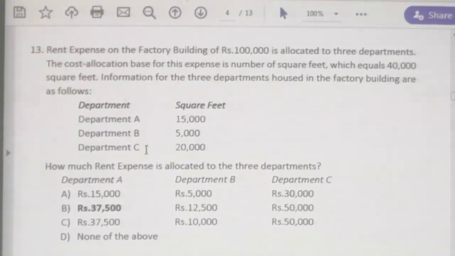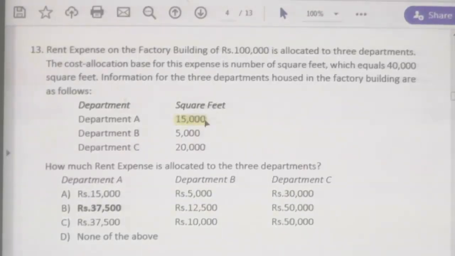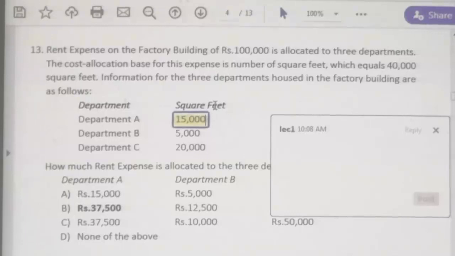You have 3 departments A, B, C. These are the square feet. Therefore, this should be multiplied by the 2.5 cost per square feet.